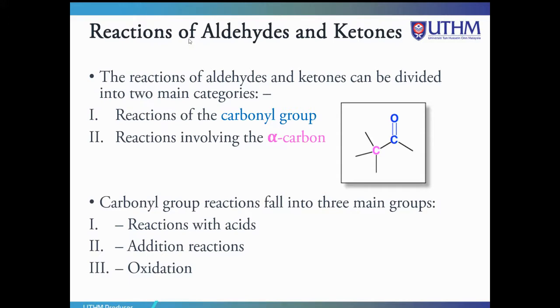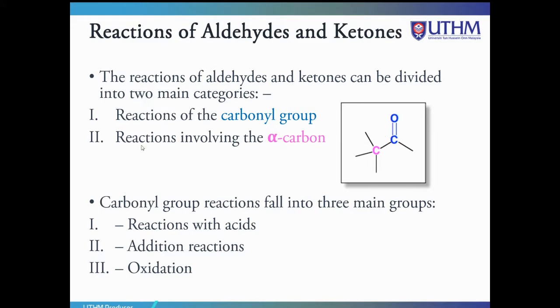Reaction of aldehyde and ketone. The reactions of aldehyde and ketone can be divided into two main categories. The first one is reaction of the carbonyl group C double bond O, which is represented by the blue color here.